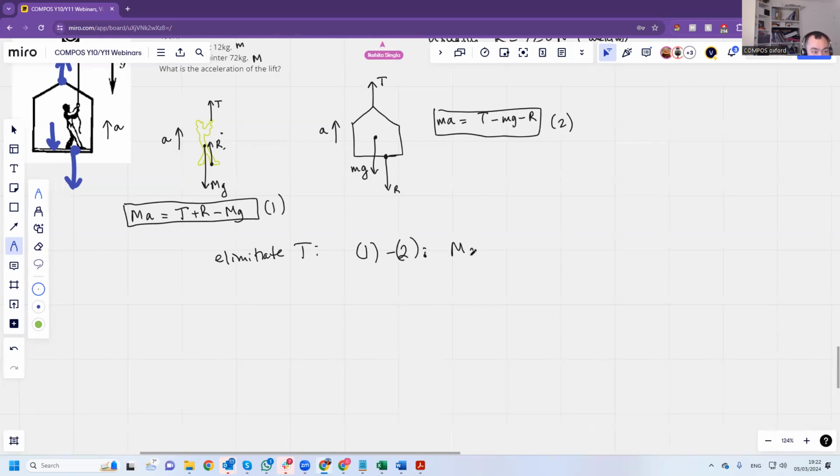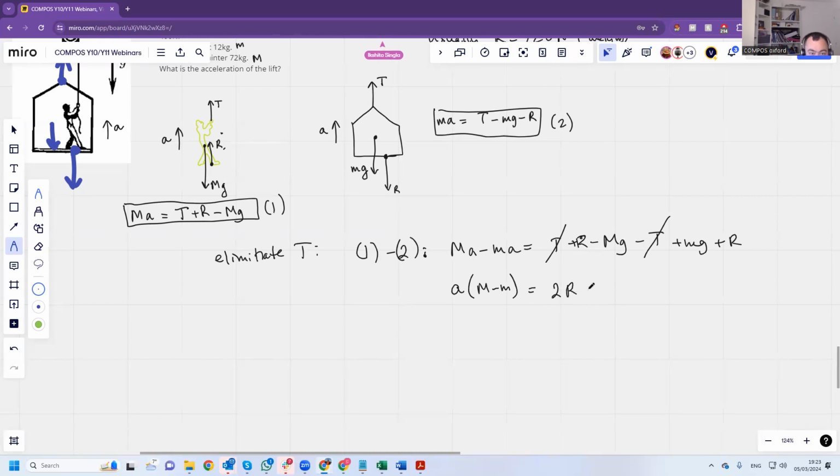So it's going to be MA minus ma equals T plus R minus capital MG minus T plus mg plus R. So T cancels, and we're left with acceleration times (M minus m).